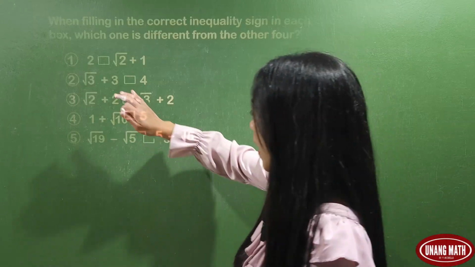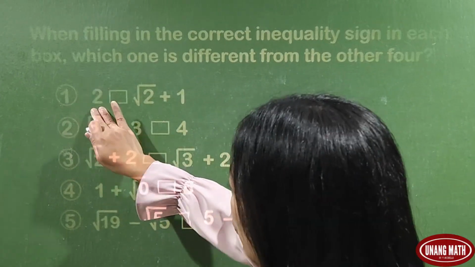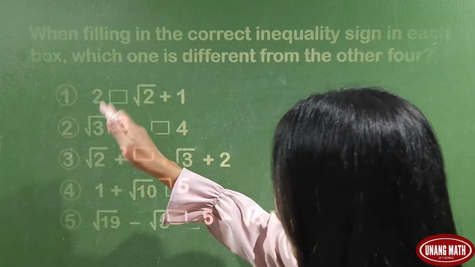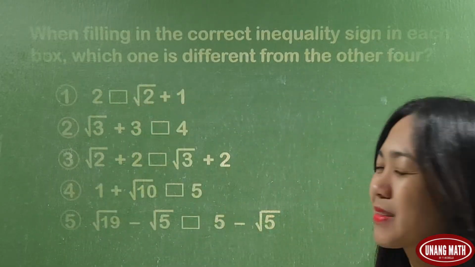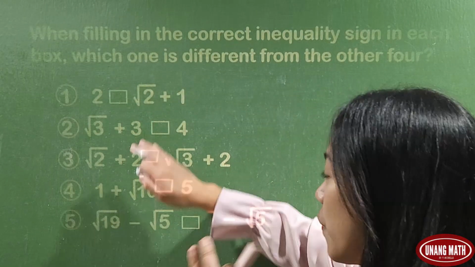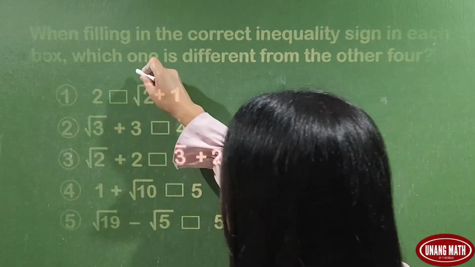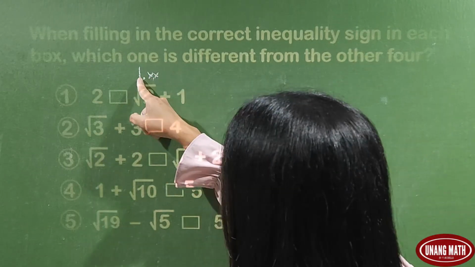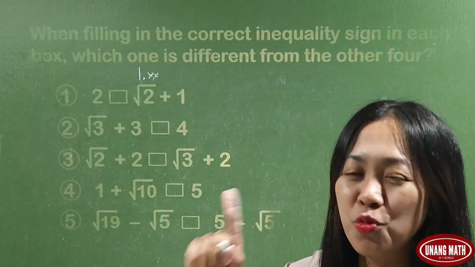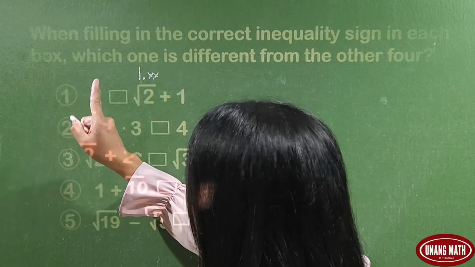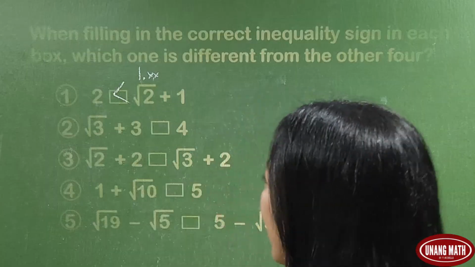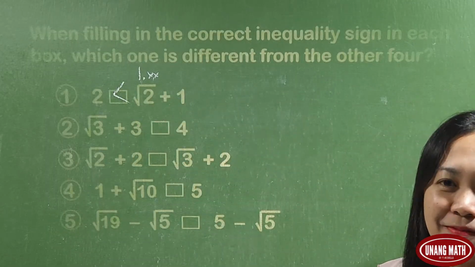Okay, let's find out. The first one here is 2 blank square root of 2 plus 1. If we estimate the square root of 2, this is 1 point something. So 1 point something plus 1 is already 2 point something. So it means 2 is less than the square root of 2 plus 1.